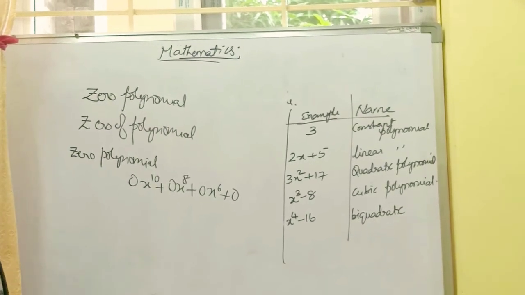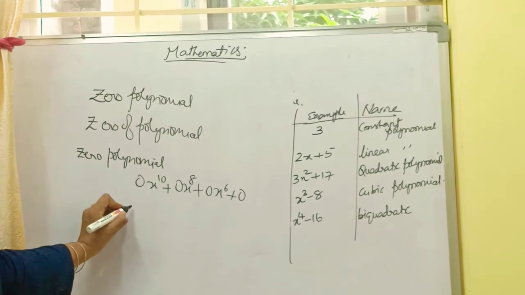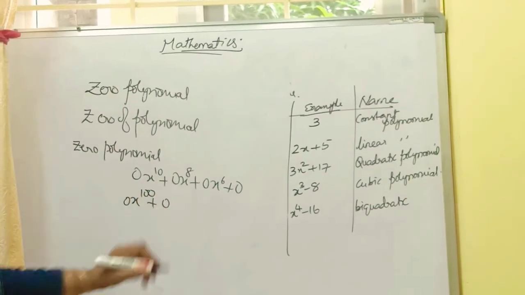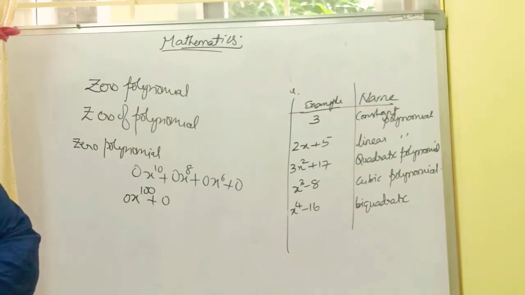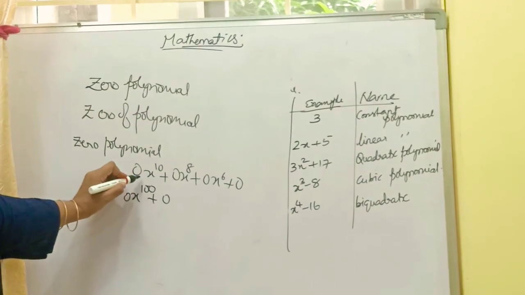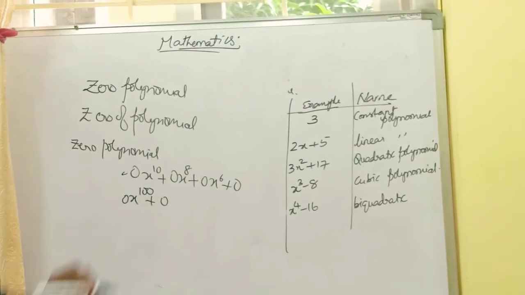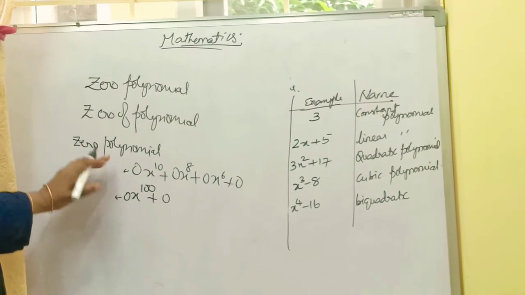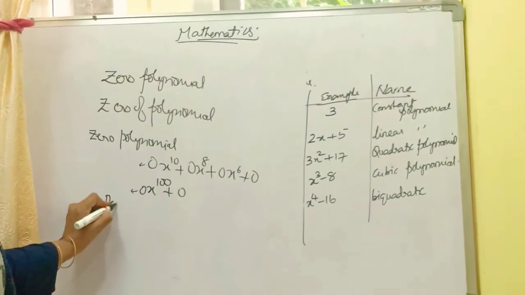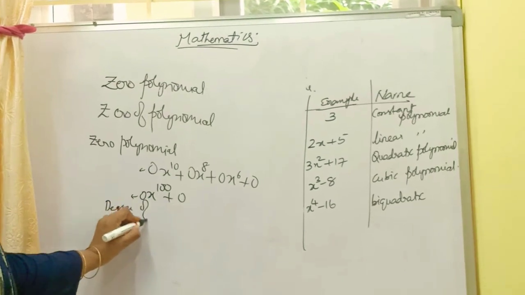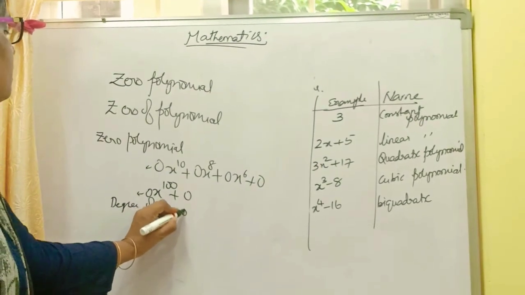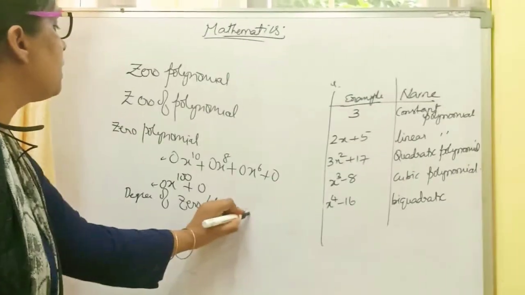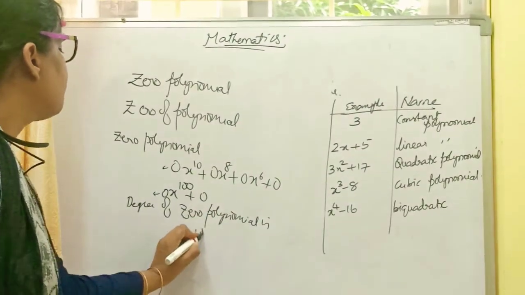Can you give me one more example? It could be 0x to the power of 100 plus 0x to the power of 17, and so on, plus 0. In this case, I wrote the first example with degree 10 and here with degree 100. So that's why the degree of the zero polynomial is undefined.